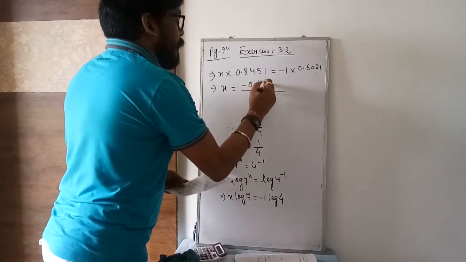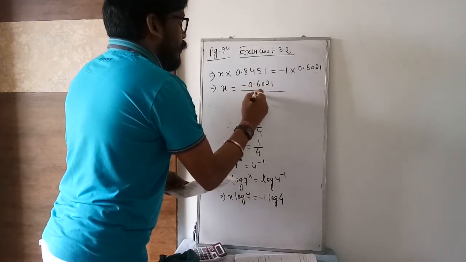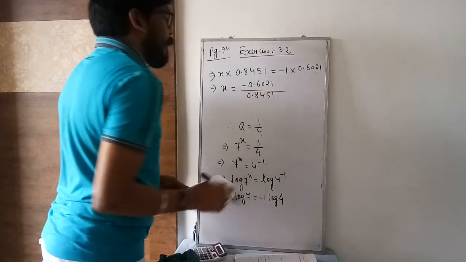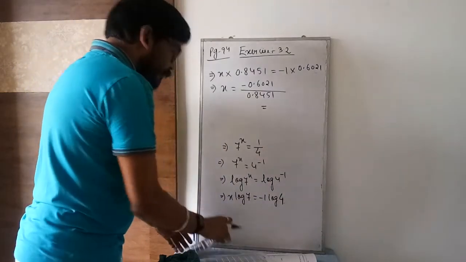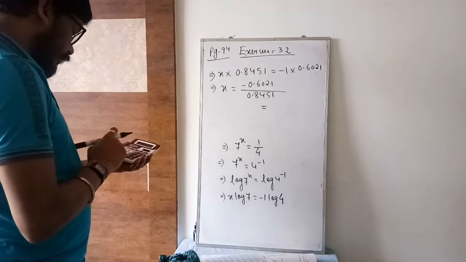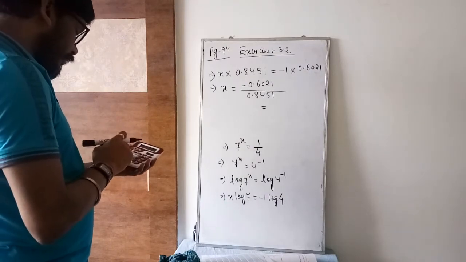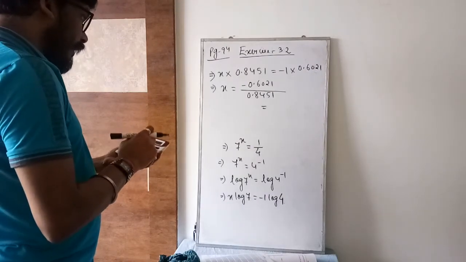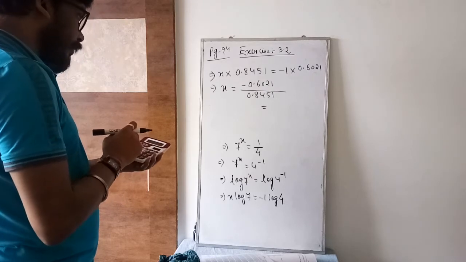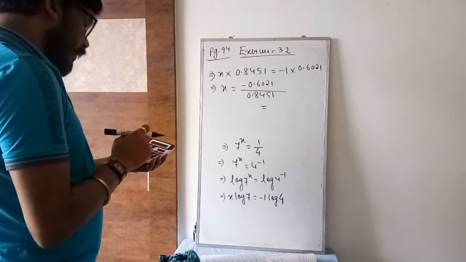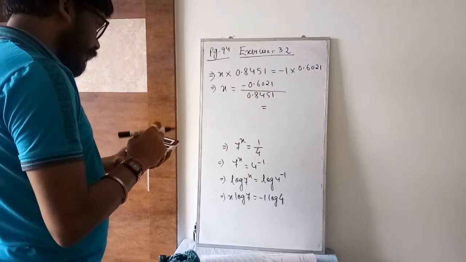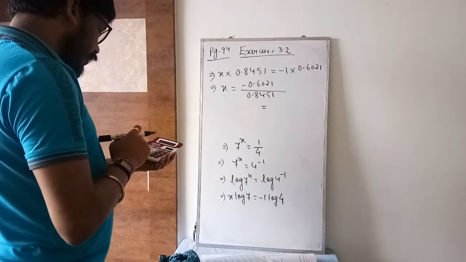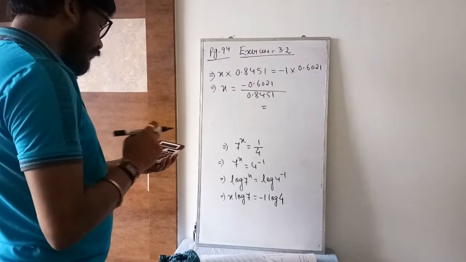Minus 0.6021 by 0.8451. So divide it. 0.6021 divided by 0.8451.